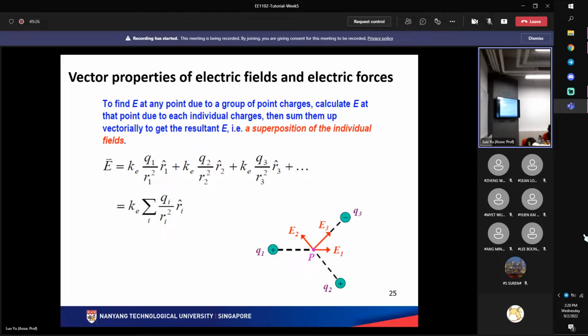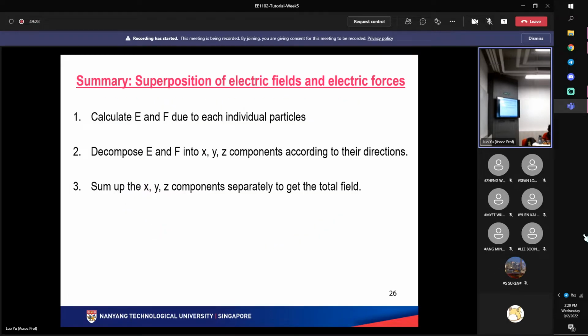But how to sum up vectorially? We always have these three steps, okay? For multiple point charges, we always have these three steps to get the total electric field. How can we do that? First, we apply the Coulomb formula to get the electric field or force due to each individual particle. Okay, so that's the formula provided in my formula sheet, in my summary slides, F and E. And then the second step, very important here.